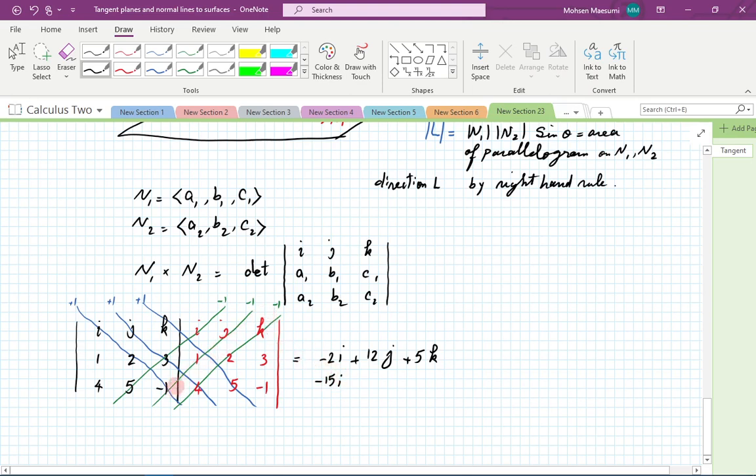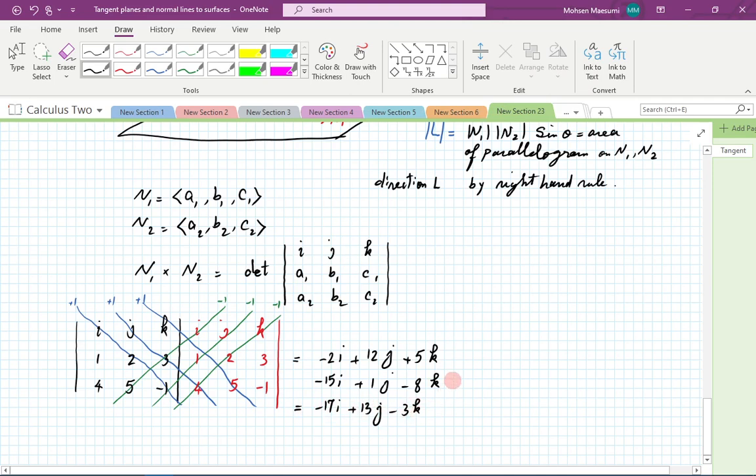This one is going to become what? 1, -1, another -1, so it becomes +j, plus 1j, just to remember. And this one is going to be -8k. Okay, you just clean it up: -17i plus 13j minus 3k.